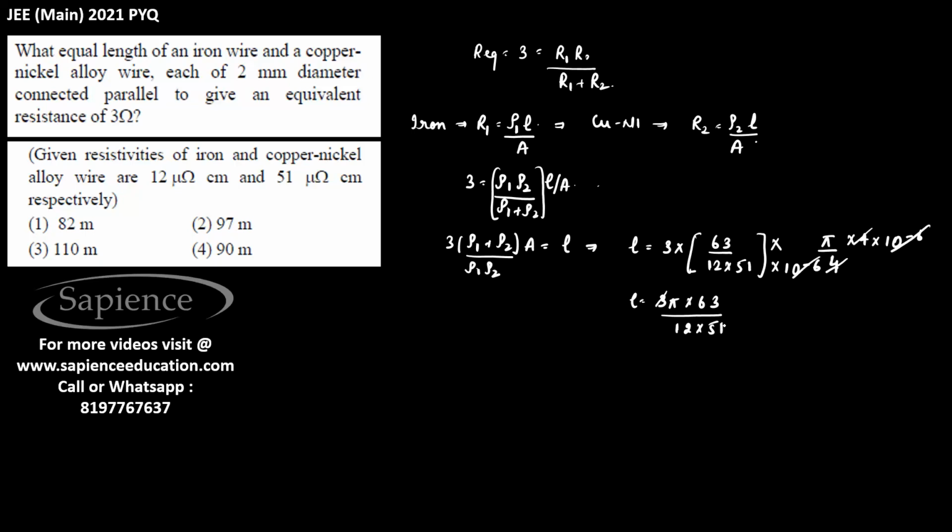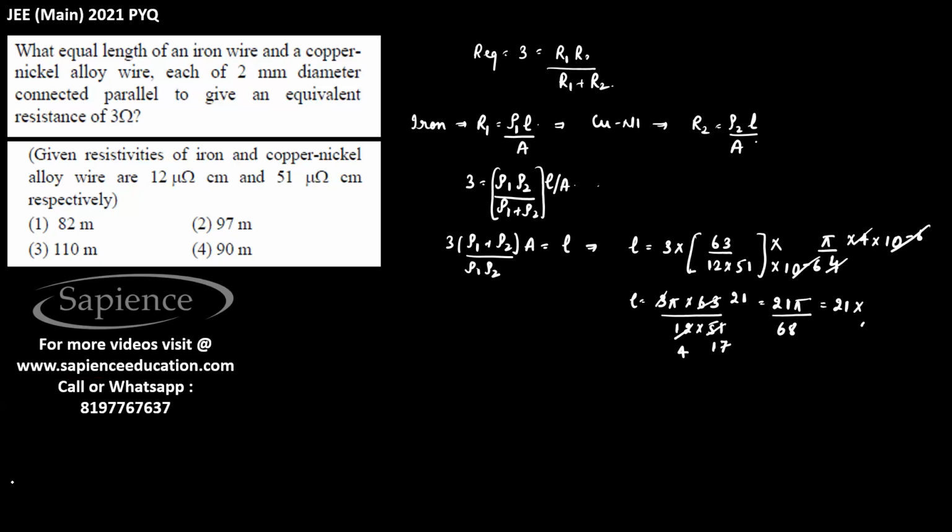Simplifying, 21 pi by 68 is roughly the answer. So this will be equal to 21 into pi, where pi is roughly 3.14, divided by 68. You can also use 22 by 7 because it is easy and convenient to cancel.